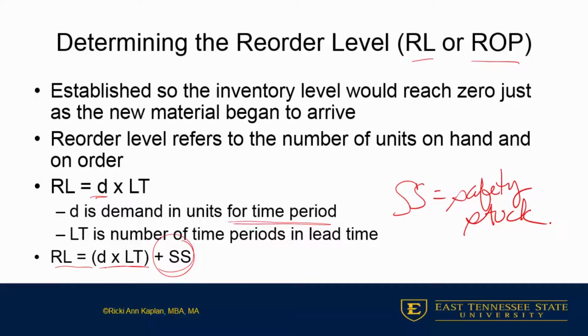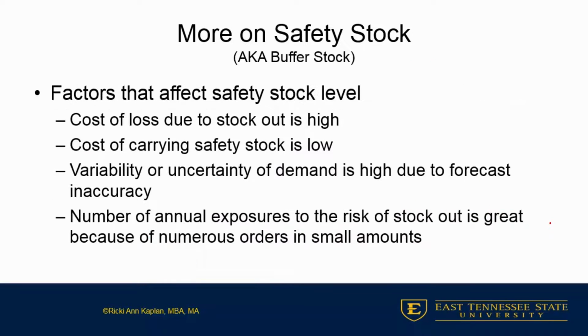And when we start talking about safety stock, I want to ask you a little bit about this. This is what I call the toilet paper lecture. Safety stock or buffer stock is stock that you want to keep extra on hand for any number of reasons. So I'm going to assume that you all know what toilet paper is, whether you're the one who purchases it or not.